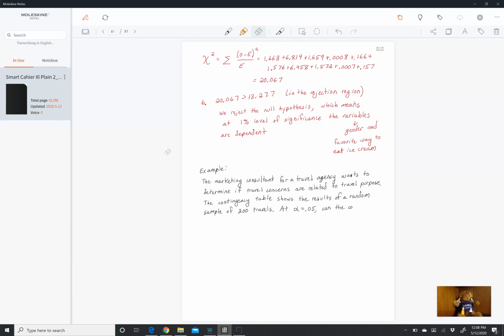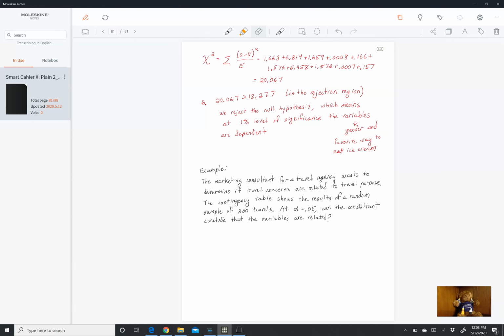We want to know if the consultant can conclude that the variables are related. Okay, so let's create this table.